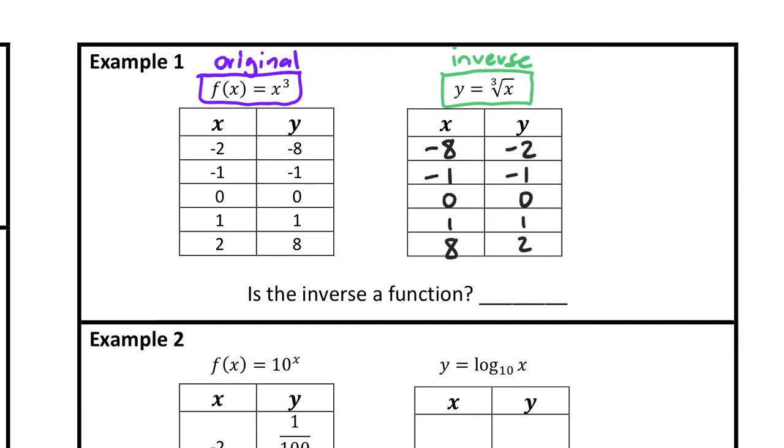So remember, when we want to go from the original function to the inverse, we have to swap the x and y.